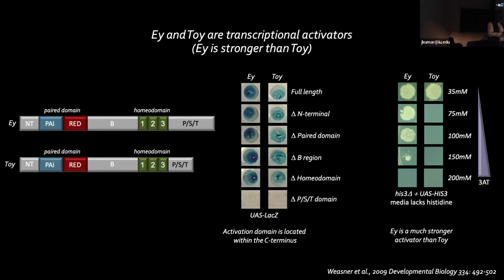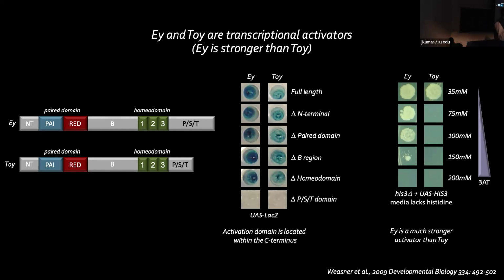So there's no way for that yeast cell to make histidine unless you can activate this enzyme and get the pathway to actually work. So if you take Twin of Eyeless and Eyeless, fuse them to the Gal4 DNA binding domain, and transfect them into these cells, activating this reporter, you can now rescue and get those cells to survive.